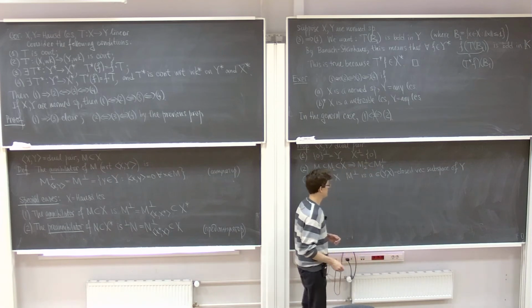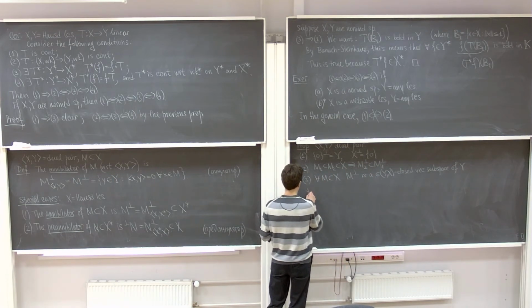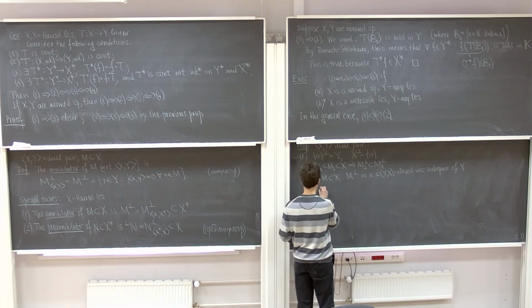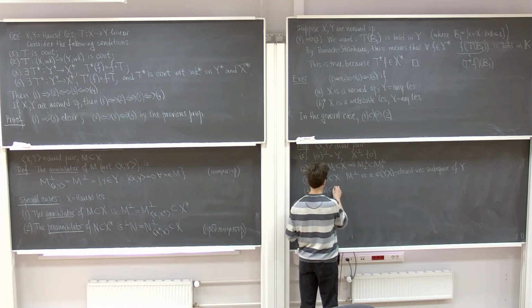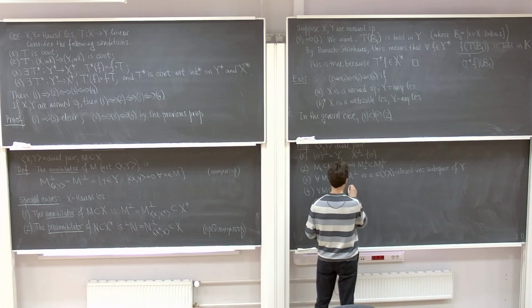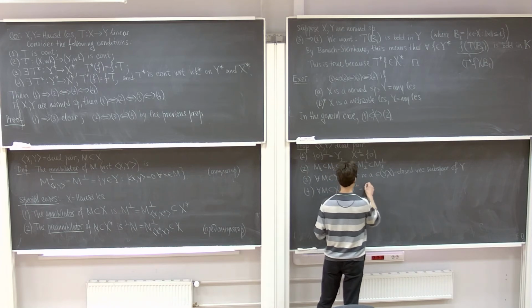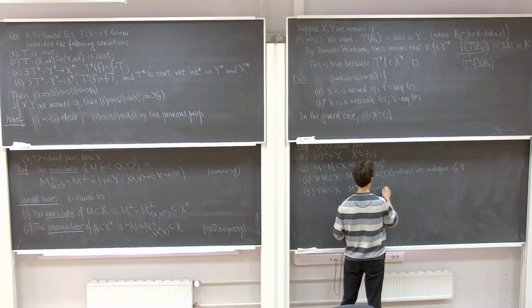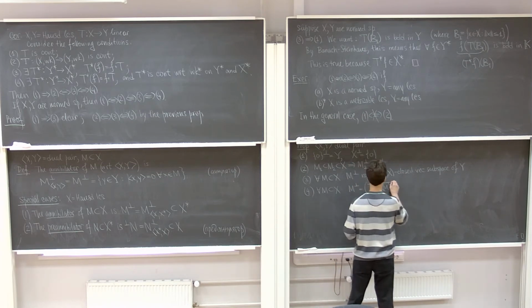And property 4, if we again start with an arbitrary subset of X, then the annihilator of M equals the annihilator of the weakly closed linear span.